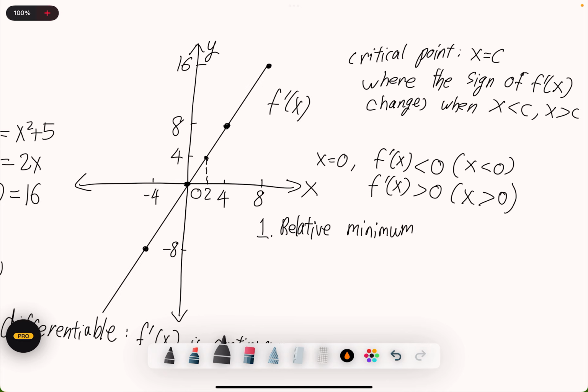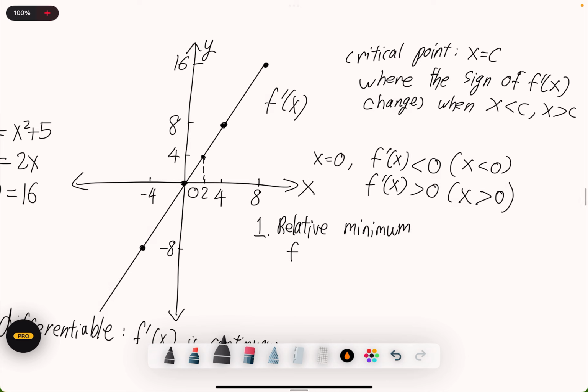It's basically when the derivative of f of x is less than 0 when x is less than c, and the derivative of f of x is larger than 0 when x is larger than c.